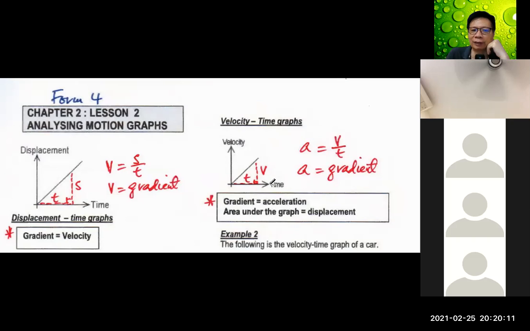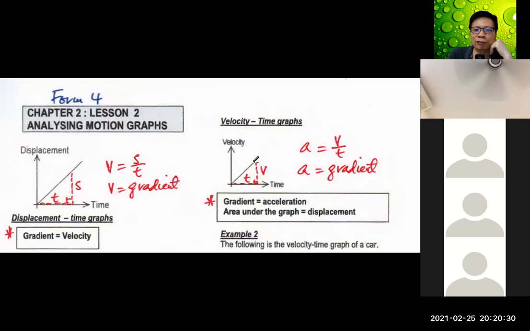Now the second graph, the velocity time graph. There are two important things. First, the gradient now becomes acceleration. Not like the displacement time graph, where the gradient is velocity. For this graph, you find the gradient the same way, but the gradient now becomes acceleration. Why?